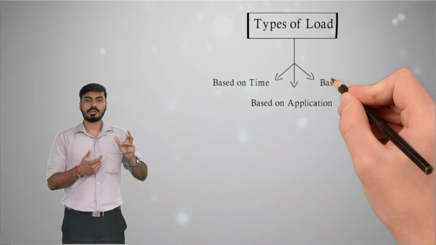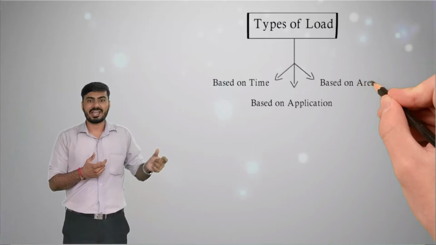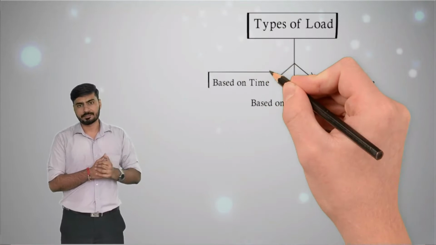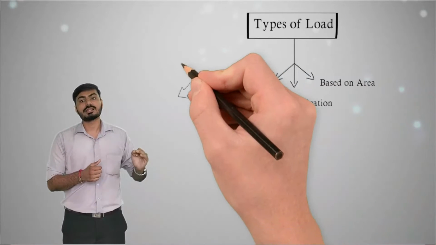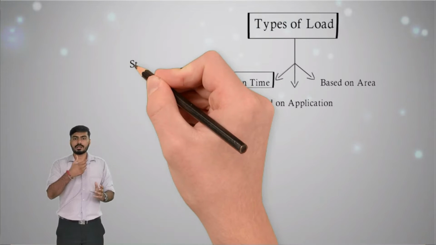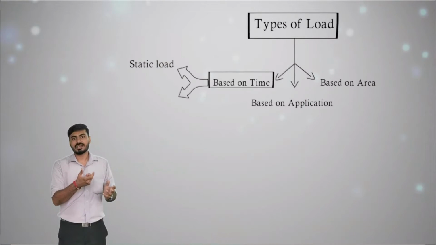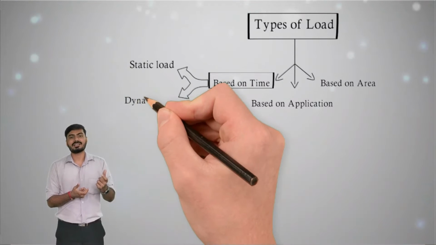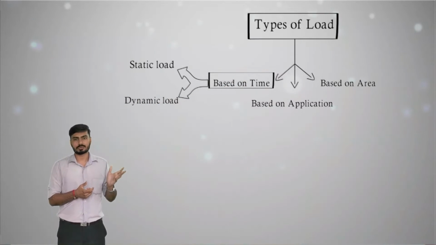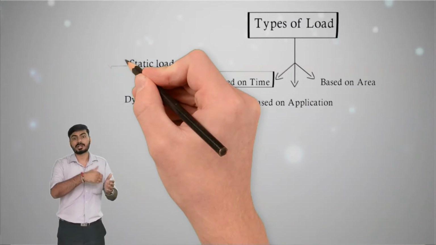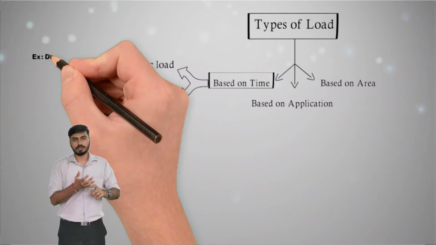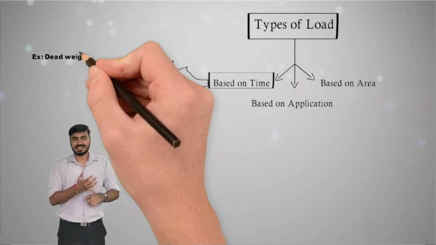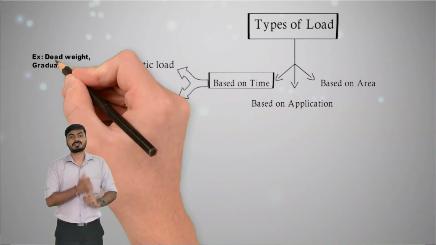The loads which are categorized based on time are basically 2 types. The first one is static load and the second one is dynamic load. As you all know, the name itself indicates that static loads are basically steady types of load, which are steady with respect to time. Whenever we say that the load is steady, then its magnitude and direction both are steady.